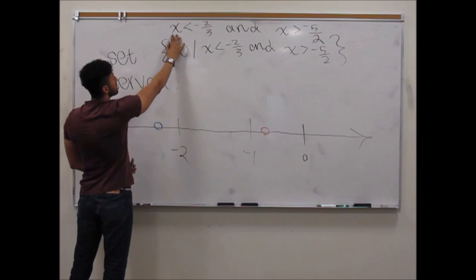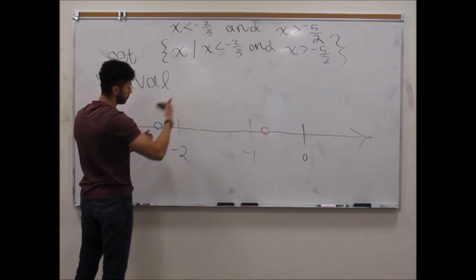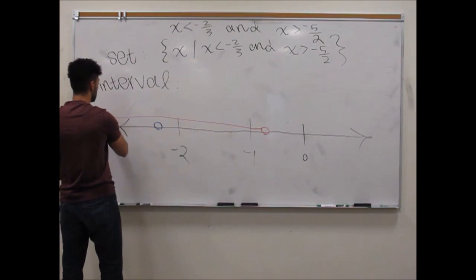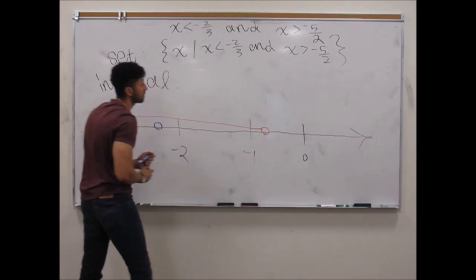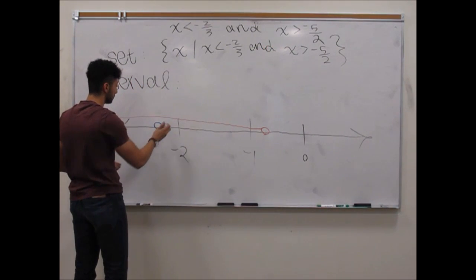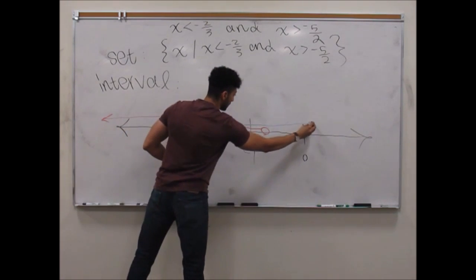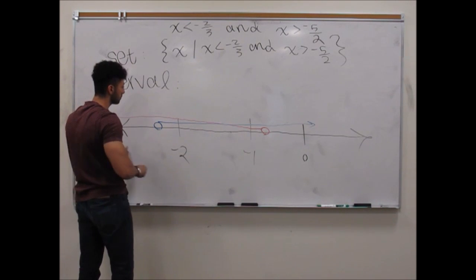Alrighty, this is saying x is less than negative 0.67, so that's going to the left. And this is saying x is greater than negative 5/2, so that's going to the right. And notice they do overlap in this area, which is right here.